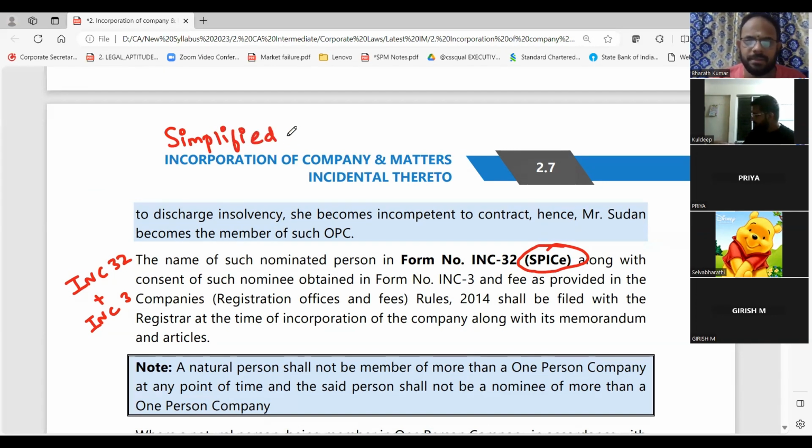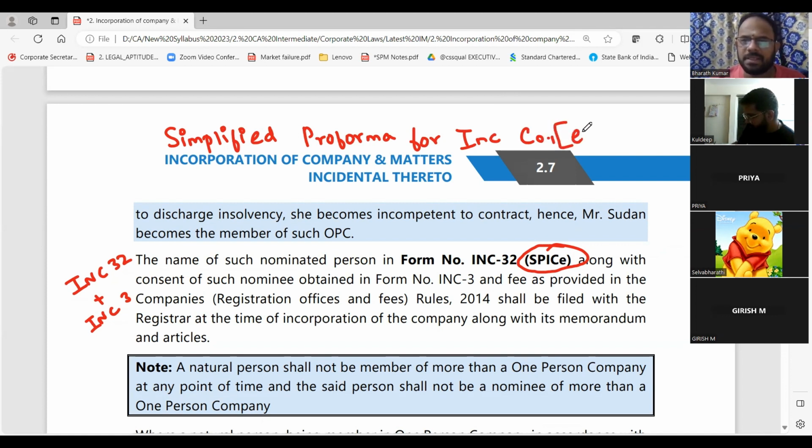Simplified proforma for incorporating the company, bracket small, that is electronically.